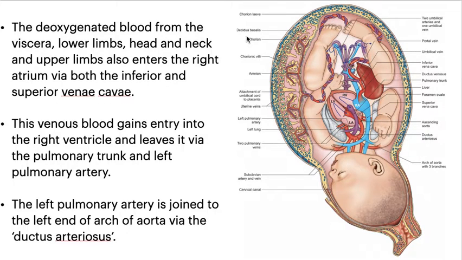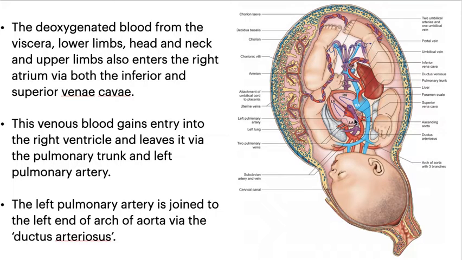The deoxygenated blood from the viscera, the lower limb, the head and neck, and the upper limb also enters the right atrium via both the inferior and superior vena cava. This venous blood gains entry into the right ventricle and leaves via the pulmonary trunk and the left pulmonary artery.